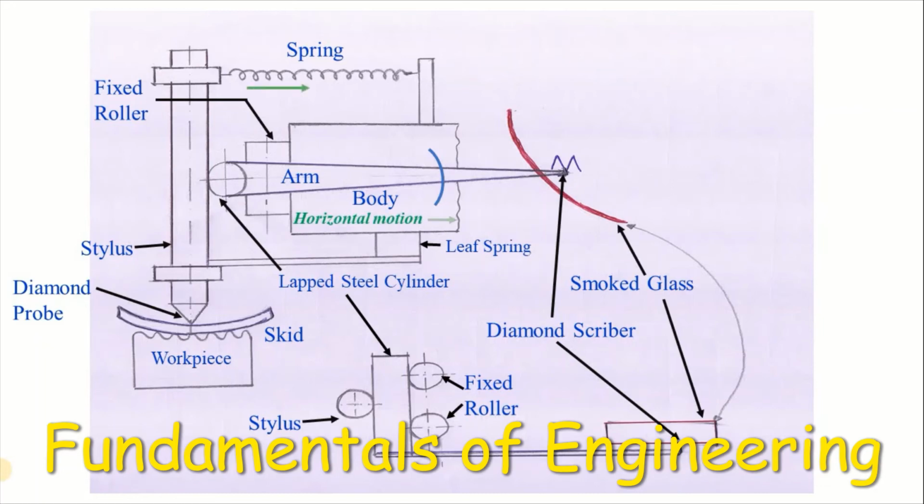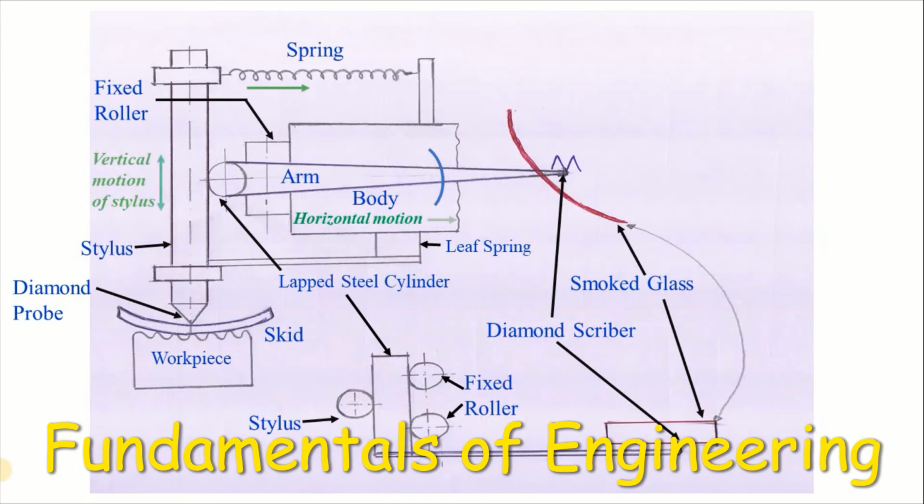The measuring surface finish body is moved at a given horizontal motion across the surface by a screw rotated by a synchronized motor. Any vertical movement of the stylus is caused by the surface irregularities on the workpiece.